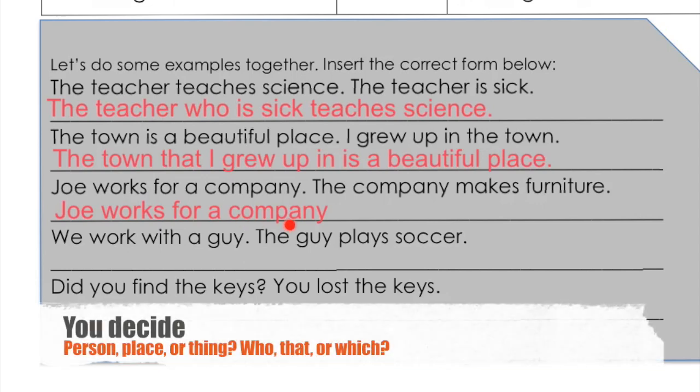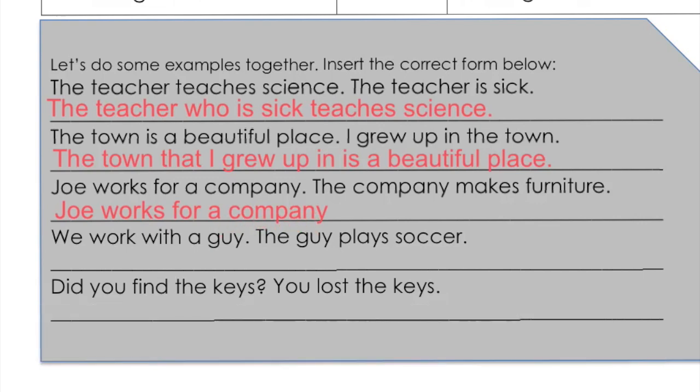Is a company a person, place, or thing? Here, a company is a thing. For things, we can use that or which. Let's use which here. So I put which in.